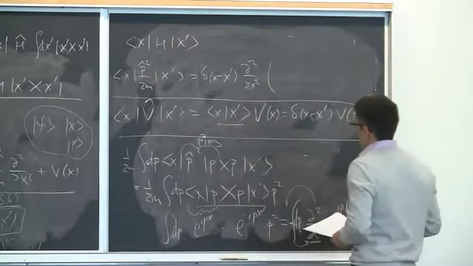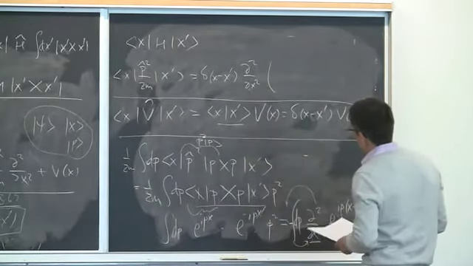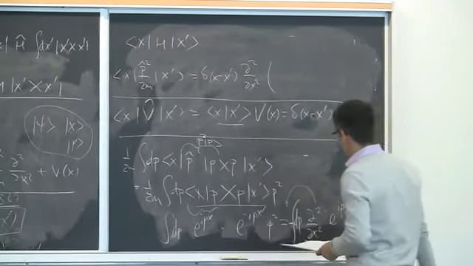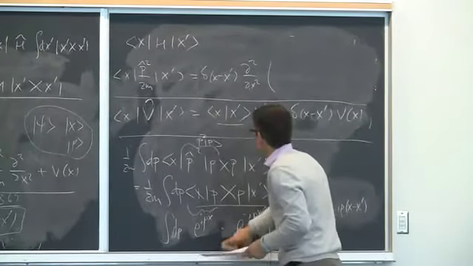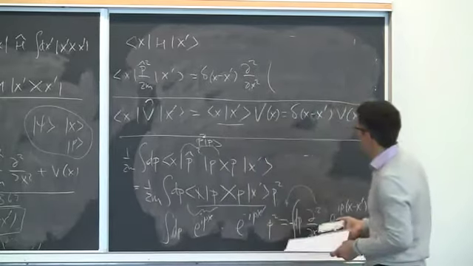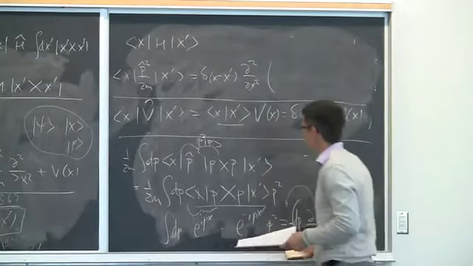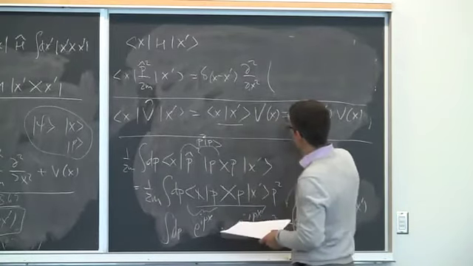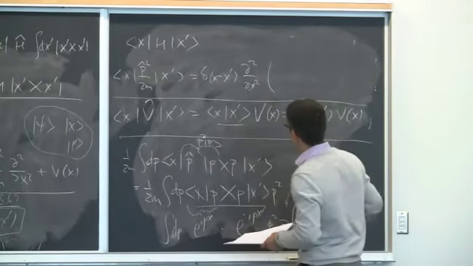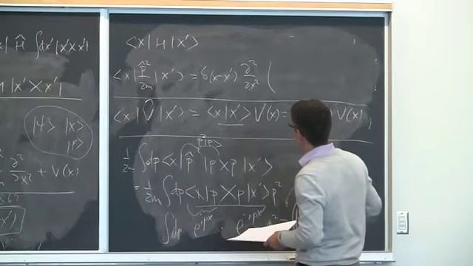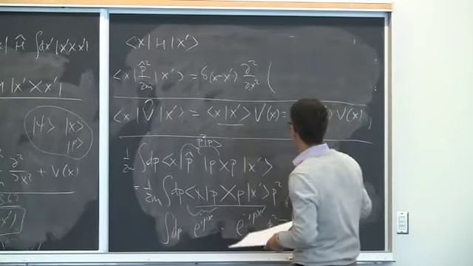Can we switch the order of that? Well, we have an integration, right? Generally, we can consider the integration first, and then we get rid of x prime, or x, it doesn't really matter.